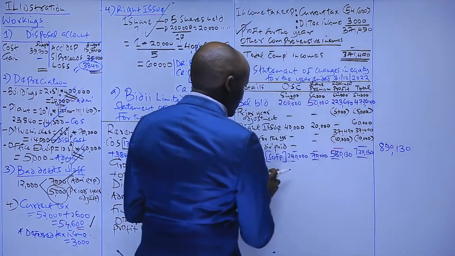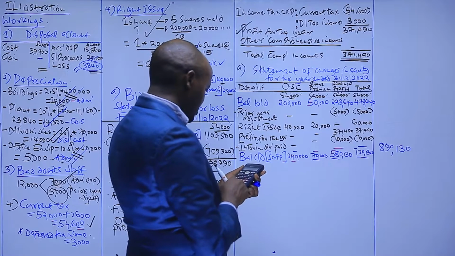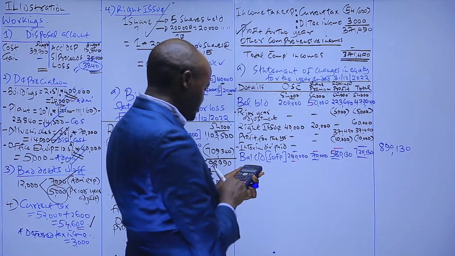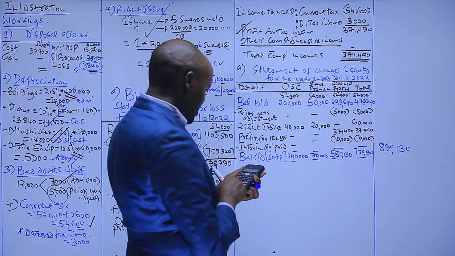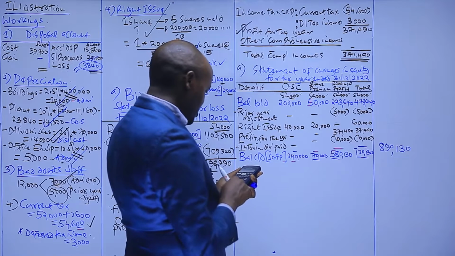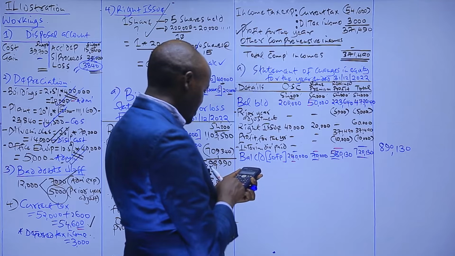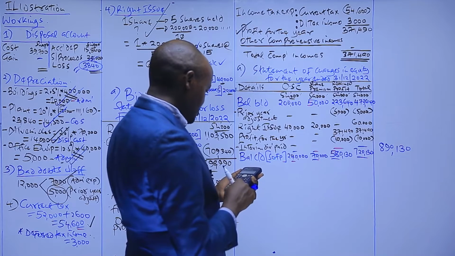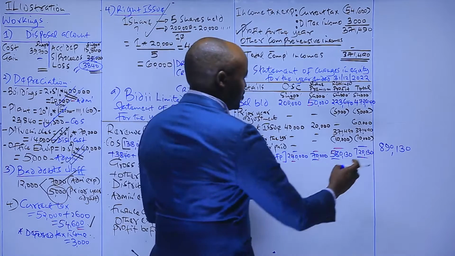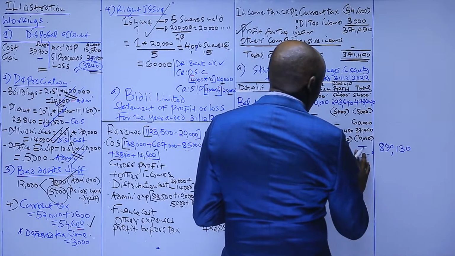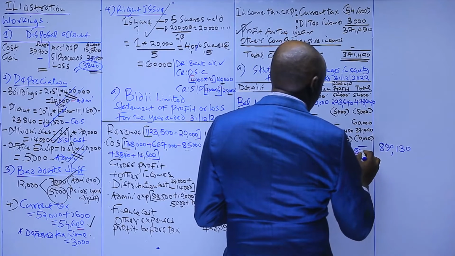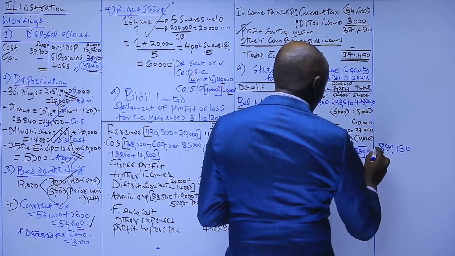So basically we can confirm again. So let's take 240,000 plus 70,000 plus 580,130. Yes, the correct figure should be this one. So that is 890,130.